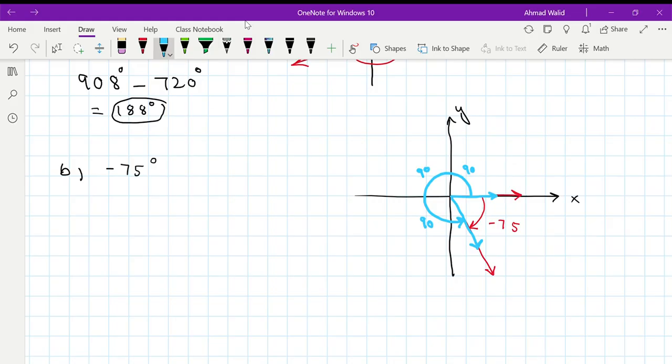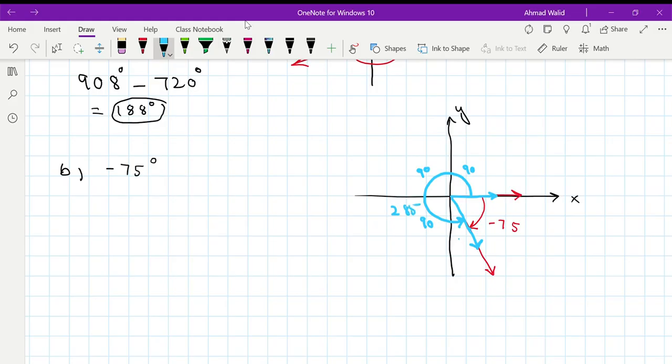And how much is this side? If that is 75, this one is 15. 270 plus 15 gives you 285. Correct? Then this blue angle is 285.